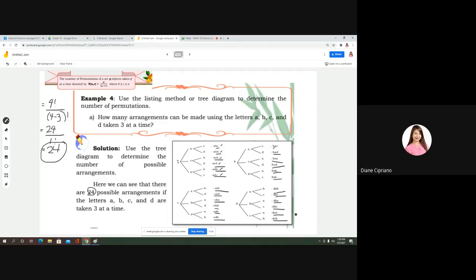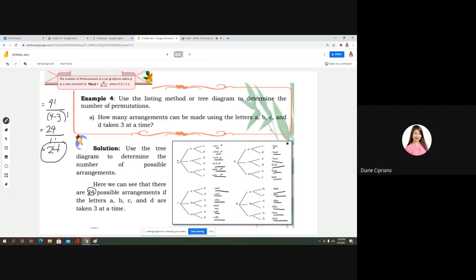So we got 24 arrangements. Meaning, if we do listing, or if we do the permutation formula, we will come up with the same answer. So if the question requires you to do listing, of course you will do listing. And if the question requires you to use the formula, of course you will use the formula.